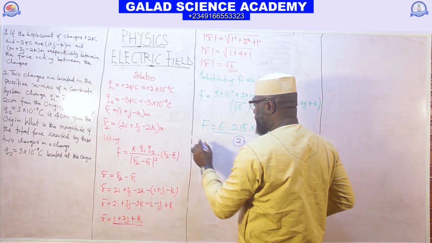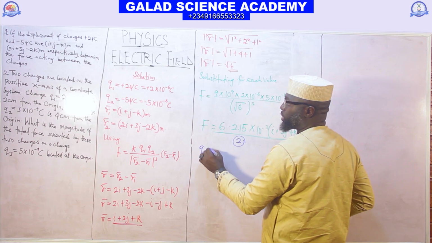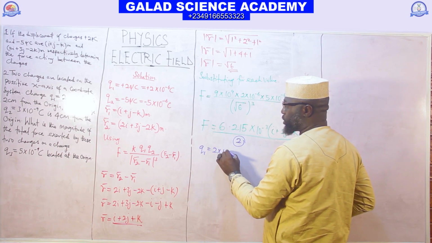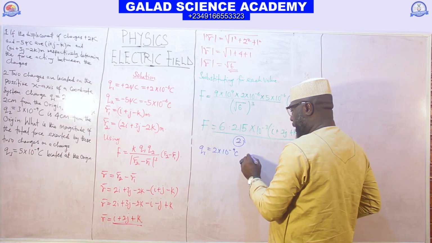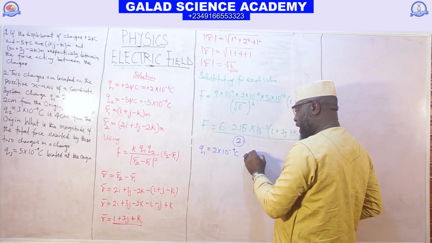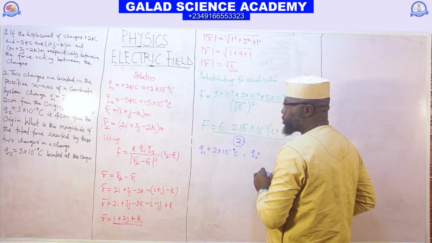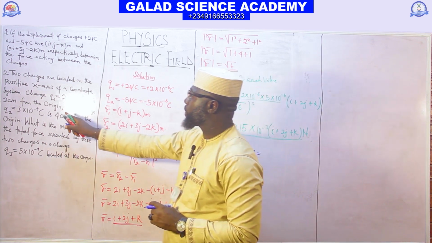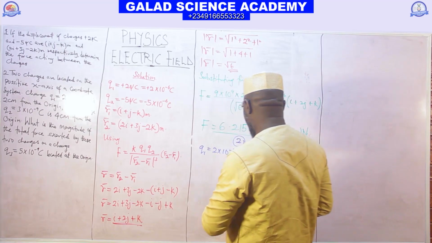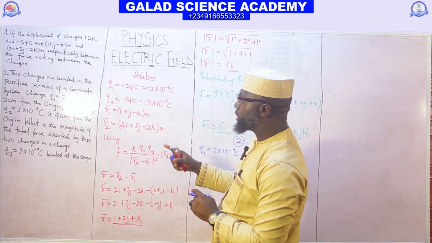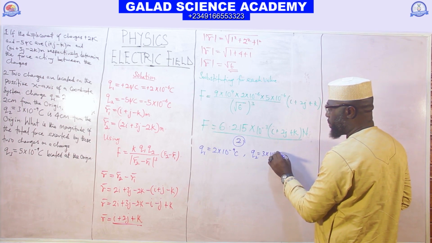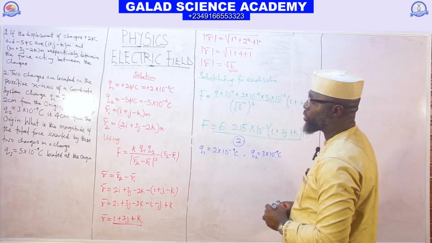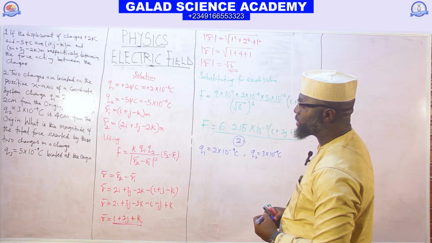The first charge given, Q1, is 2 times 10 raised to the power minus 9 coulomb. And the second charge given is 3 times 10 raised to the power minus 9 coulomb.